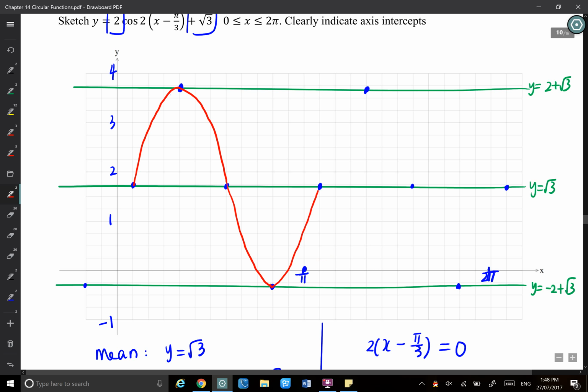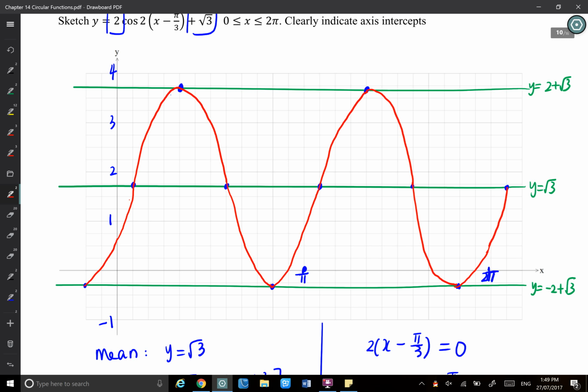Pi is not the point. Pi is just the value I have labeled. I just connect, go over this, and the same on this side. I just complete a trend first.